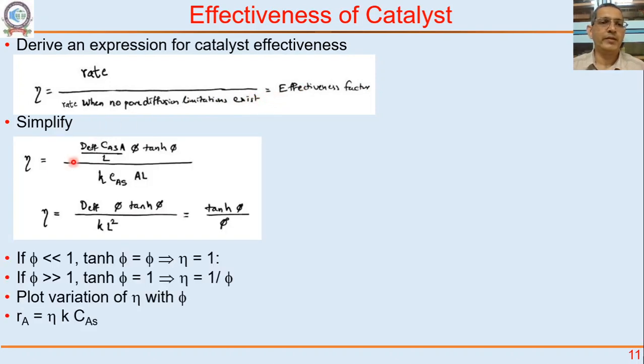So simplify. Eta would become D effective C_AS A by L phi tan phi. If there was no pore diffusion limitation, concentration everywhere would have been C_AS. Then rate everywhere would have been k into C_AS, per unit volume, multiplied by the volume of the slab A into L. So then this A, the cross sectional area, will cancel out.